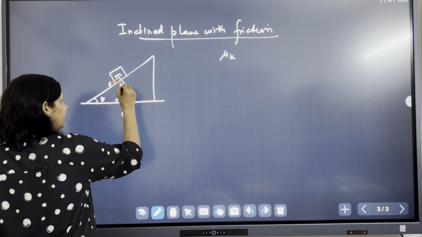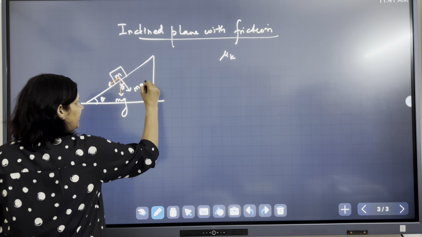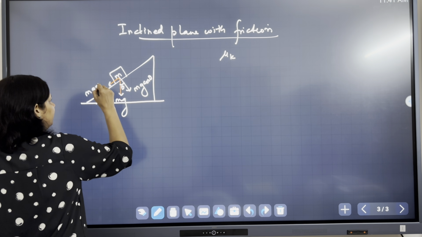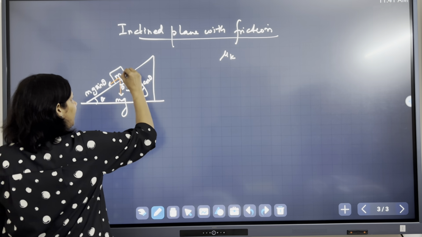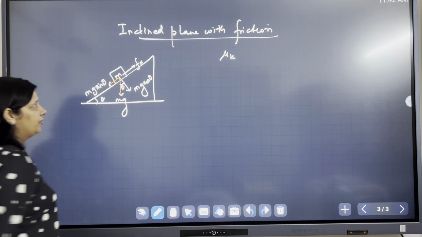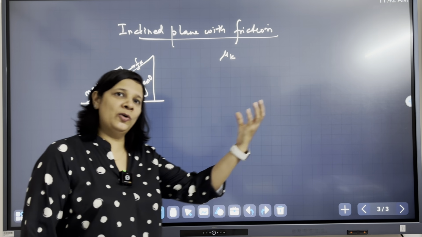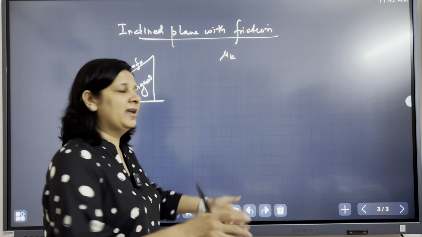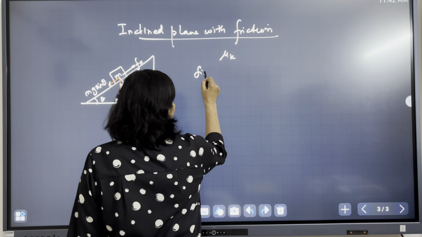This is angle theta, mg cos theta, mg sin theta, and now there is a frictional force Fk, coefficient of kinetic friction, and the object is sliding down. So friction will be in the opposite direction.